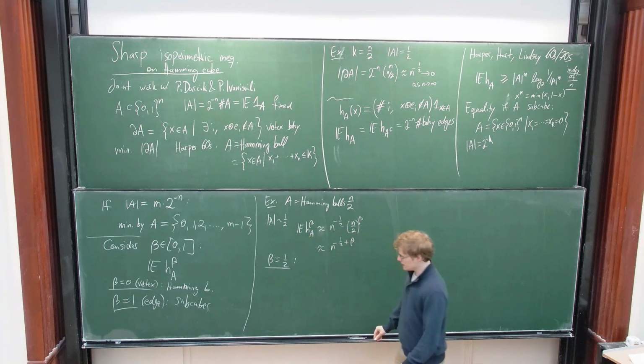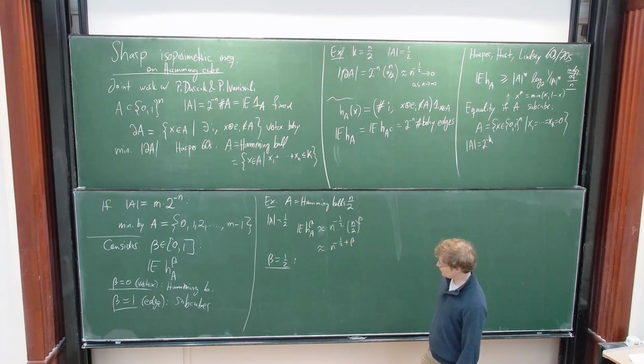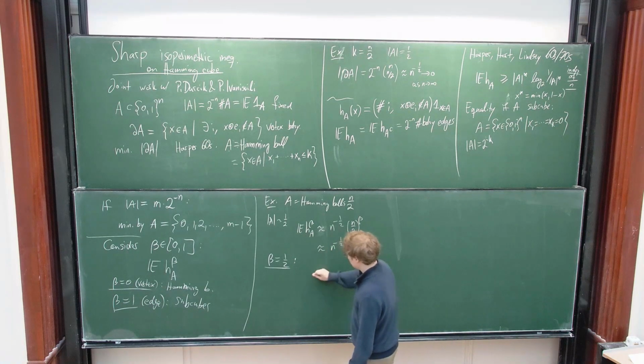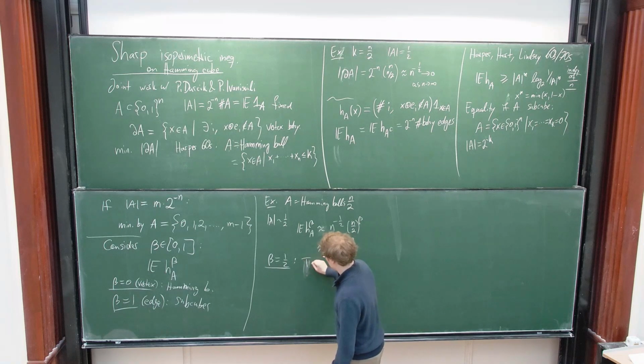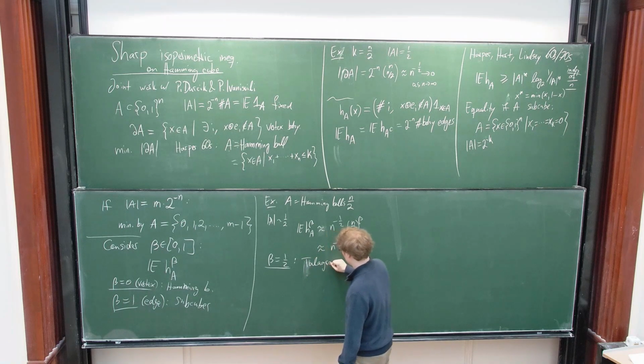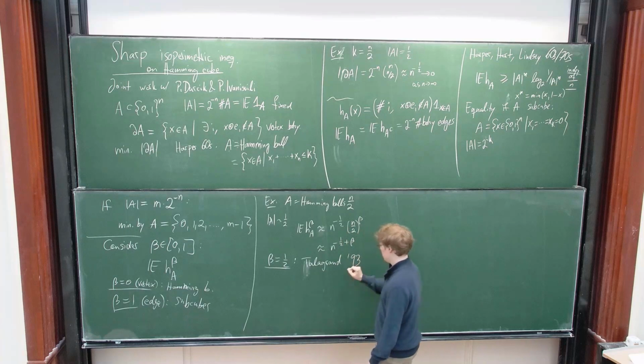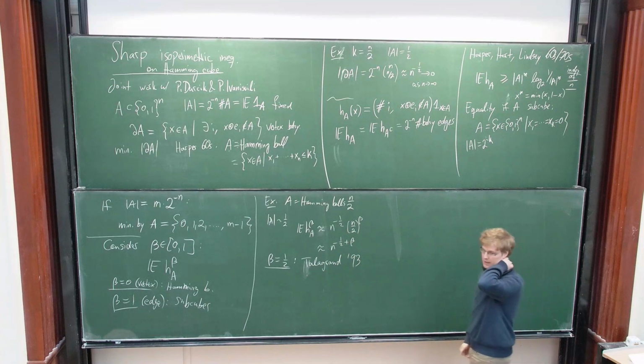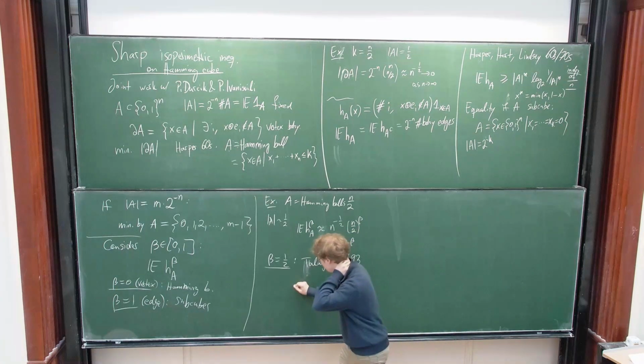And the answer is, we don't fully know if there are better sets, but we know that there is a lower bound that's independent of it. So Talagrand, in the '93 paper, proved, among many other things, and this was not the main thing he was after in this paper, but this is one of the things he proved.